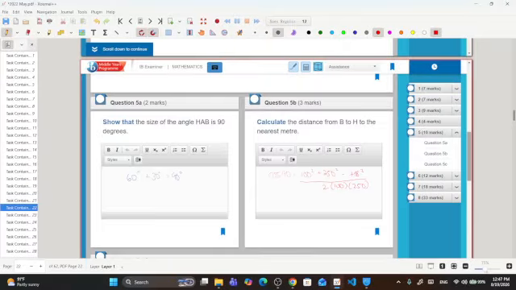So if we were to solve this question, we have to make HB the subject of the equation. So we get cosine of 90 equals 100 squared plus 250 squared. This has to be solved using Desmos.